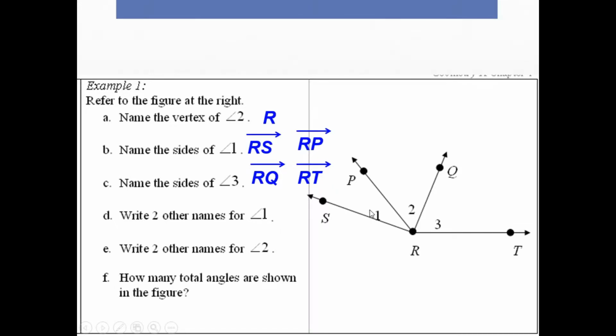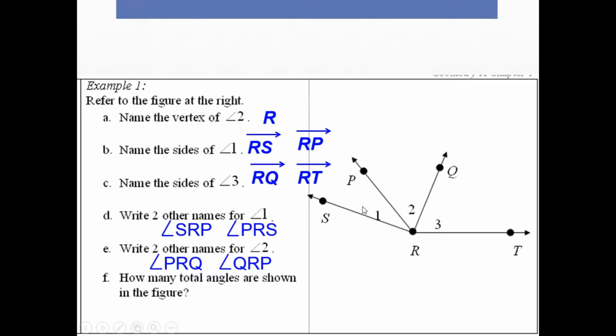Angle 1 right here, there's two other ways you could name this. You could not call it angle R because there's multiple angles at that vertex, but you could call it angle SRP or angle PRS. So with angle 2, a couple of names for that are angle PRQ and angle QRP. The last one is kind of a trick question.